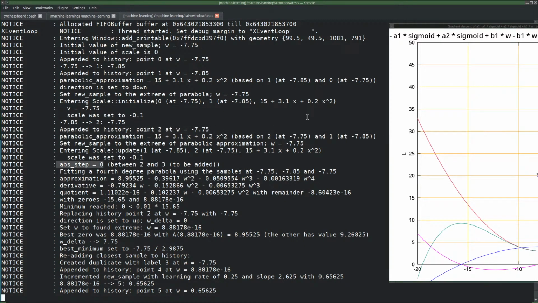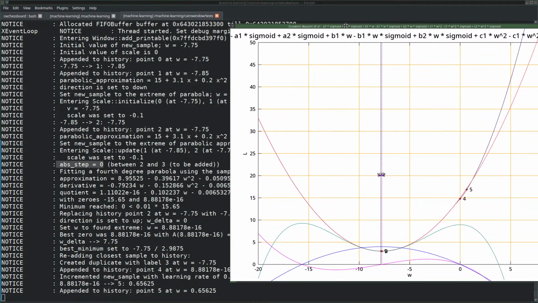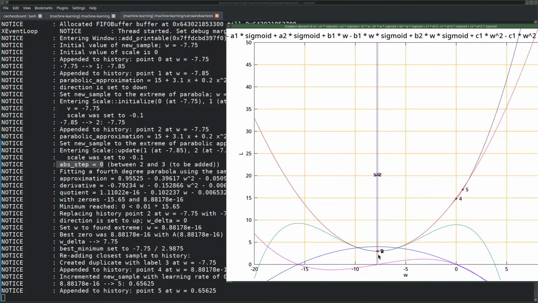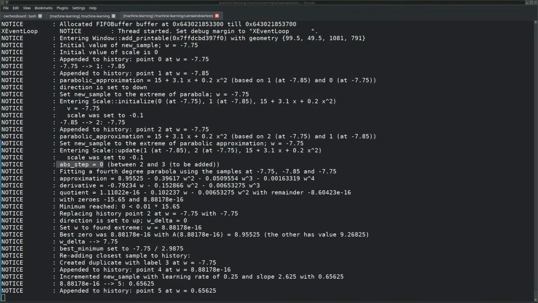So it wants to make a step of size 0, which is then the 2, so at 0, and then 1, which is to the left, and then 2 in the middle, and then 3 is also at that same point, because that's just the minimum, and therefore from 2 to 0 is no progress at all. And therefore it starts fitting a 4th degree parabola. And I'm surprised that it works, because it has the same points. But okay.